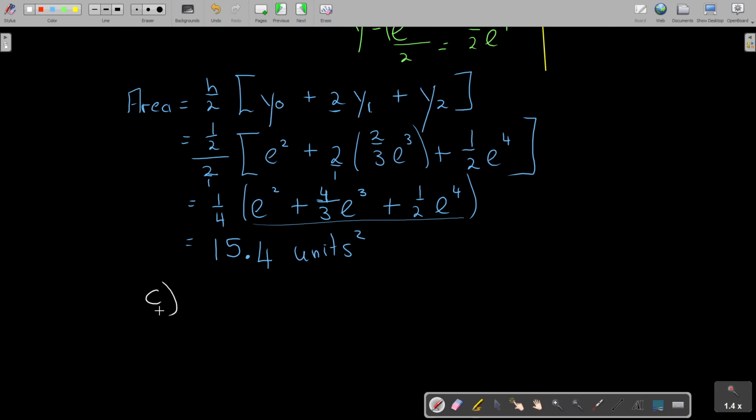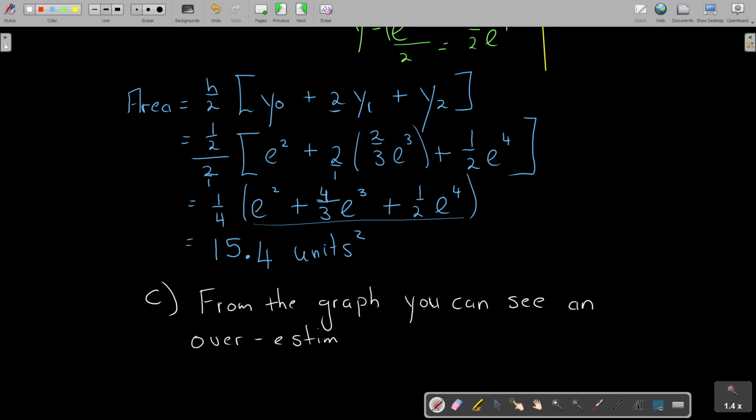So say C, and so from the graph, you can see an overestimate. And then I'm just writing this already for the summary.